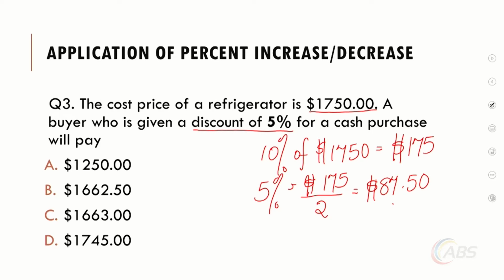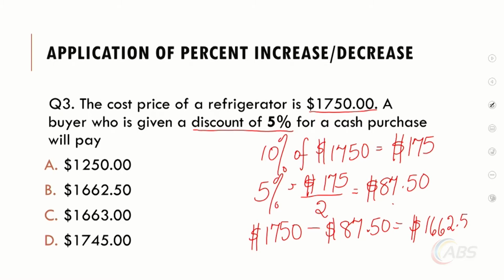And because it is a discount, that means we're going to have to take $87.50 from the total cost of the refrigerator. So $1,750 subtract $87.50, and we get $1,662.50.